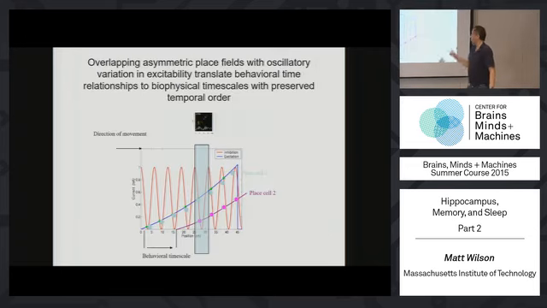Now, I'd like to point out that a simple model for these sharp wave ripple reactivated sequences is the same model that I like to use to explain phase precession during the theta oscillation. That is, I give it an input, I sweep inhibition from high to low such that cells that are getting the strongest input fire earlier, and this will reactivate a sequence. So the difference between a theta sequence and a reactivated sequence is really just, where's the input coming from? If the input is coming from what I'm actually experiencing right now, it's a theta sequence.